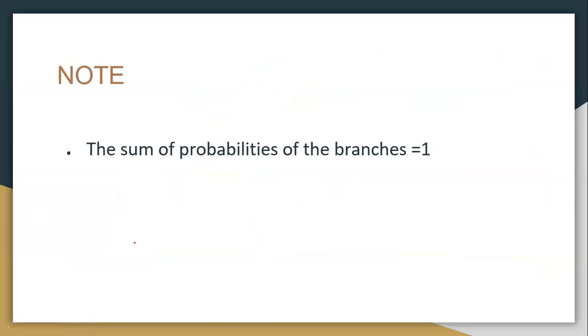Okay. Members, I want you to take note of this. Hannah, Patricia, Herbert, Lily, I hope we are on the same page. So the sum of the probabilities of the branches is always equal to 1.